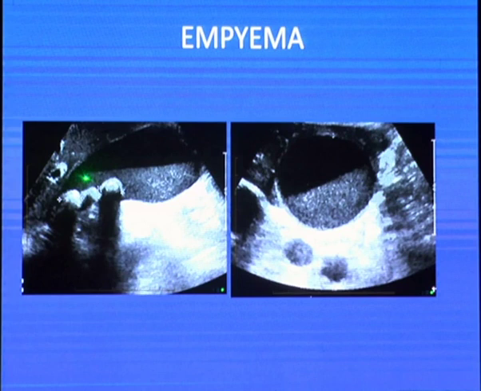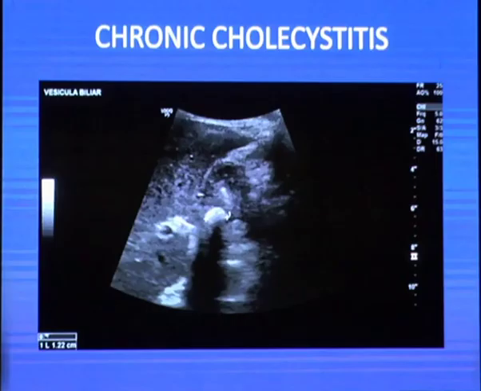It is debris-containing fluid, appearing like sludge. So basically this is pus. Gallbladder is distended with pus, and here we can see calculi. Gallbladder wall is also thickened. So distension of gallbladder as a complication of acute cholecystitis, and gallbladder distended with pus, is called empyema. It is a surgical emergency.